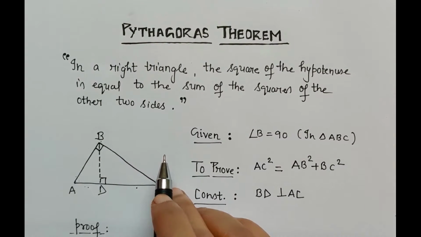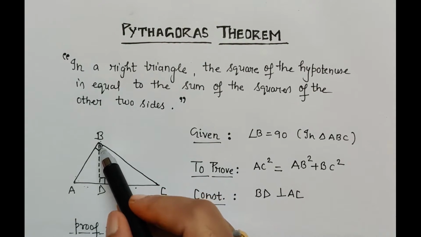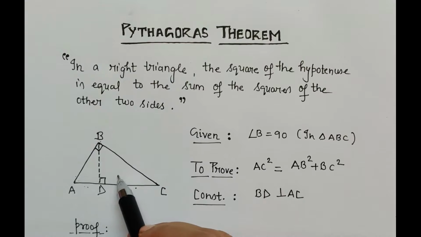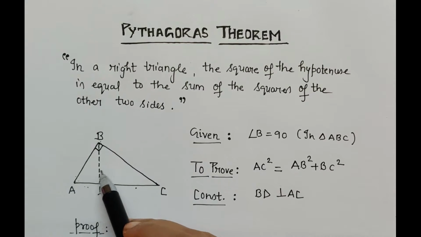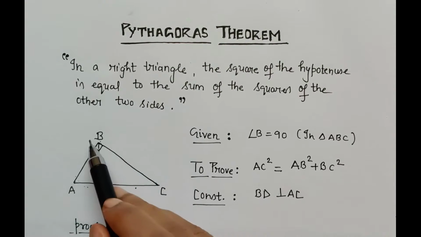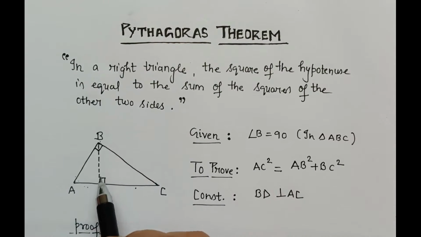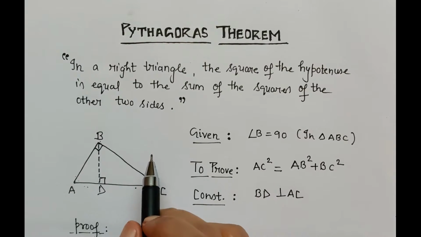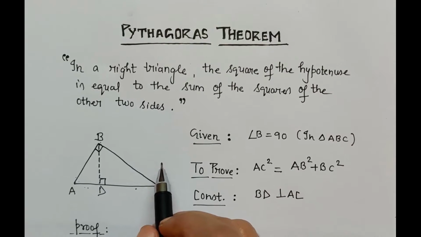I repeat, in a right angled triangle, a perpendicular falling from the right angle divides the triangle into two triangles, where the two triangles are similar to each other and each is similar to the original triangle as well. That property we will be using here, and this theorem is given just before the Pythagoras theorem in NCERT. So let's start proving it.